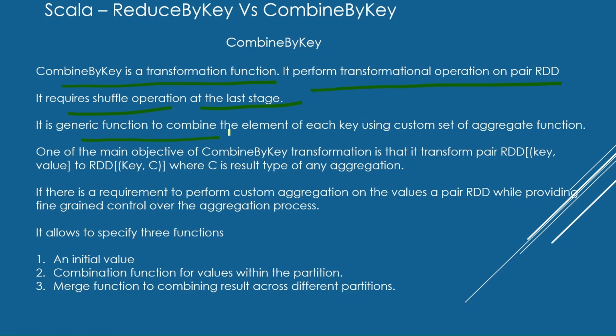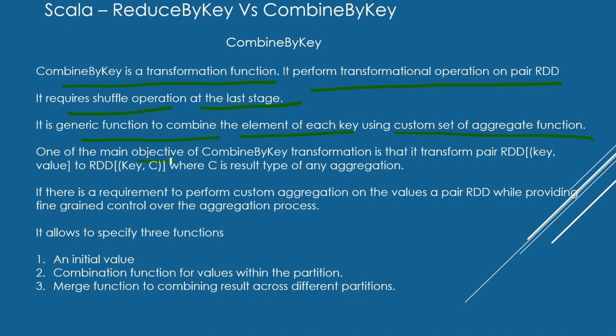It's a very generic function to combine the elements of each key with a custom aggregation function. So suppose we want to write a custom aggregation and apply it over an RDD, which is a pair RDD where the data sits in key and value pairs. If you want to do custom aggregation on a per-key level, then with the help of combineByKey, we are able to do it.